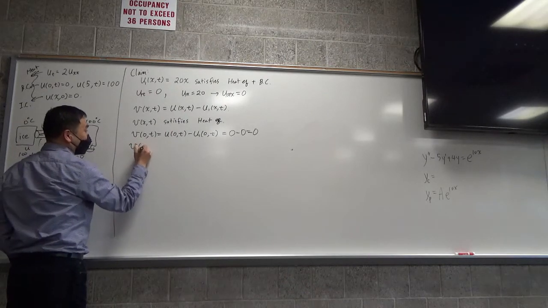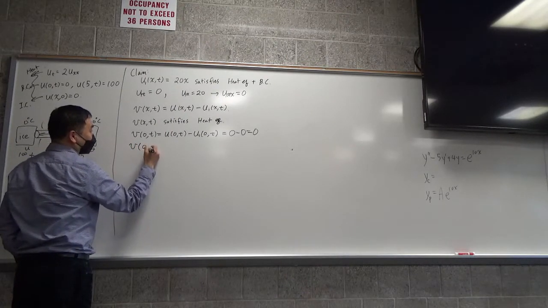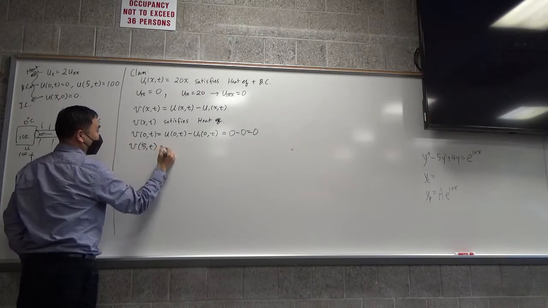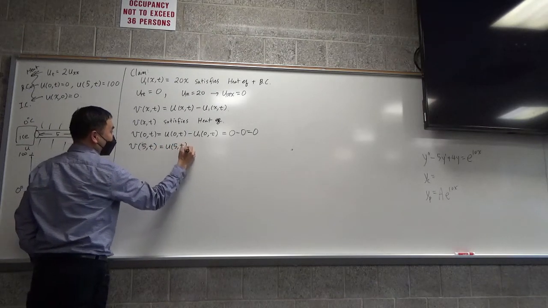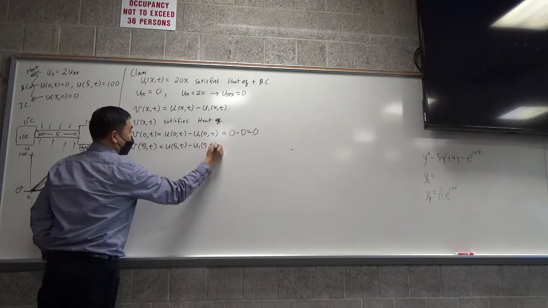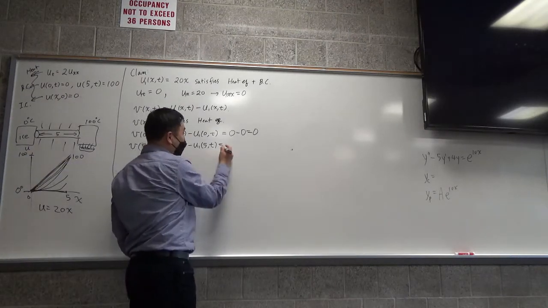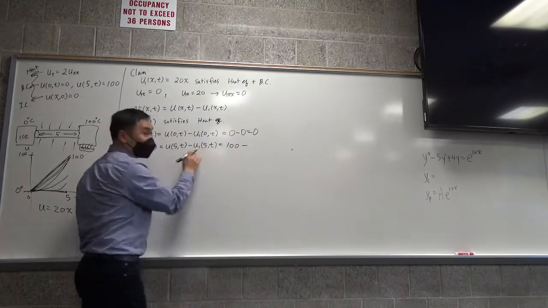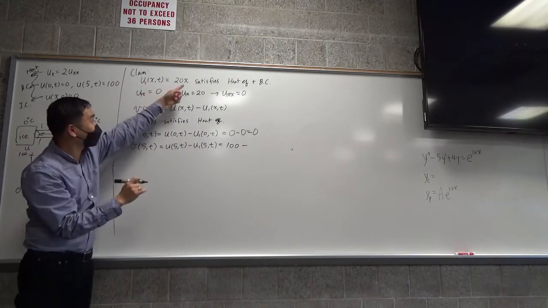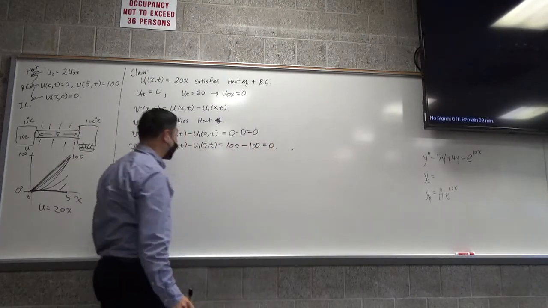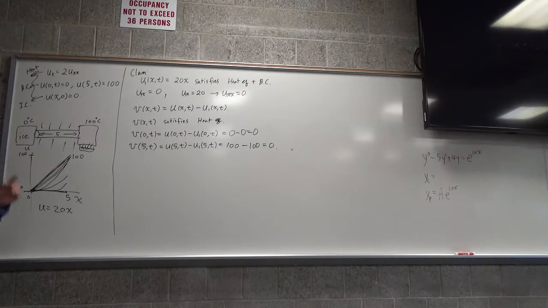Now, v(5,t) is u(5,t) minus u1(5,t). What's that? u(5,t) is 100. u1(5,t) is 20 times 5, which is 100. So 0. Okay, that's interesting.